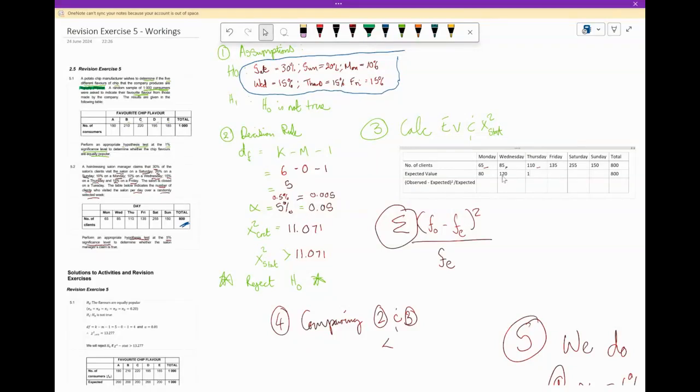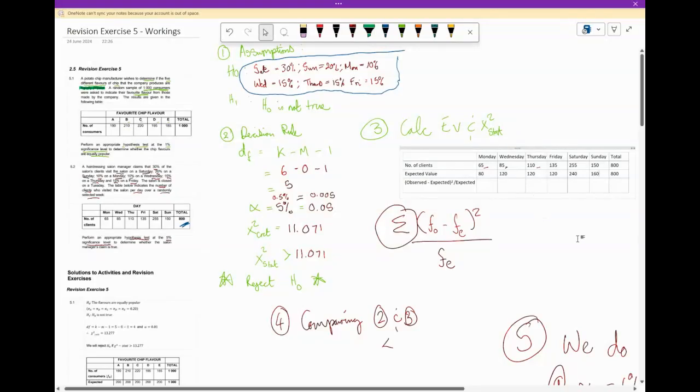Then Thursday is also 120. Then Friday is also 120 because it's also 15%. Saturday we say is 30%, so that's 240. And then Sunday is 20%, so that should be 160. Am I right? Yes.